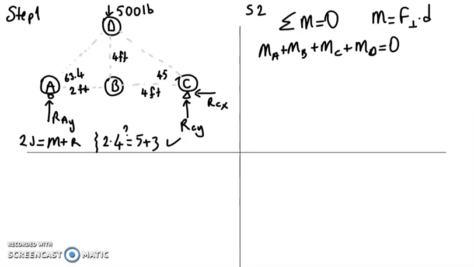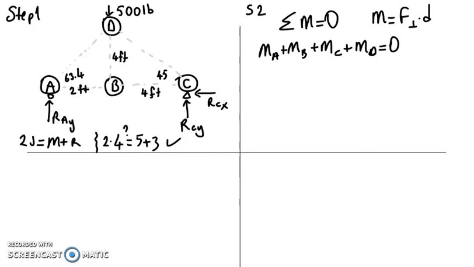So right now we need to pick a point. After that, we have to do the moment calculation. Here on point C, there are more forces, so I can choose this as the axis of rotation. This can be my reference point, or my pivot point. According to this point, I will write the moment.